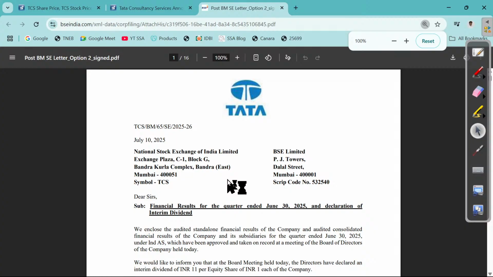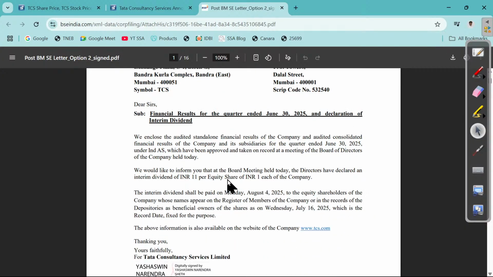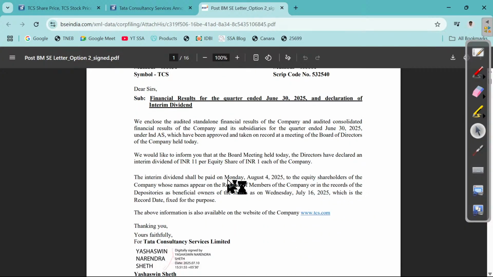If you go and read the board's resolution and their meeting proceedings, rupees 11 per equity share of Indian rupee, INR 1 each. For every 1 rupee share, 11 rupees is paid. If it is mentioned in percentage sometimes, it may be 11 by 1 into 100, 1100.